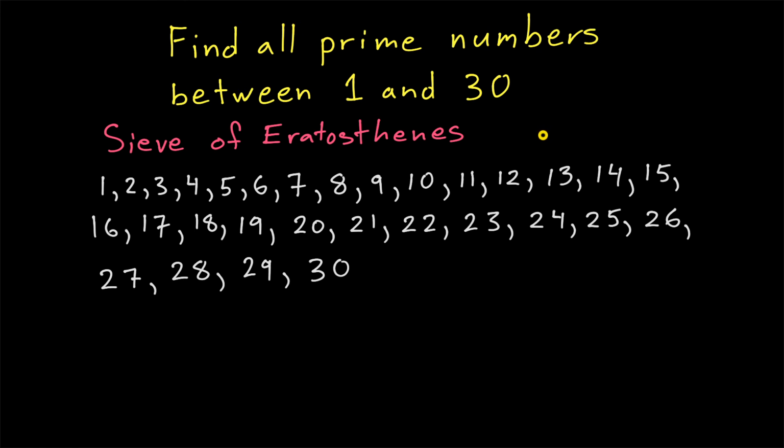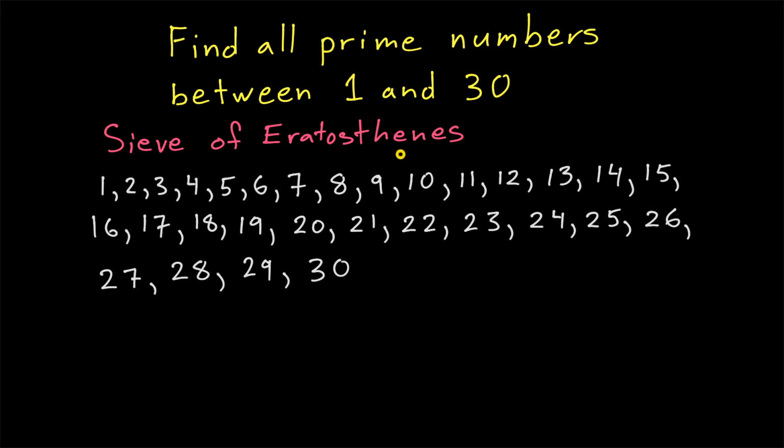So this old ancient Greek solution is at least 2,200 years old as of the time of making this video. So we're going to find all prime numbers between 1 and 30 using a method that is at least 2,200 years old.